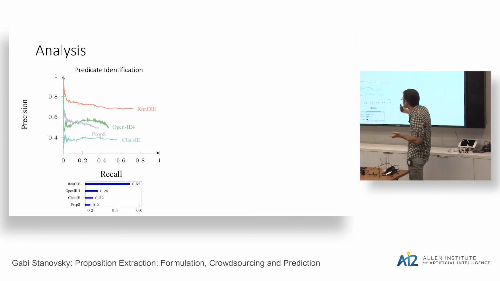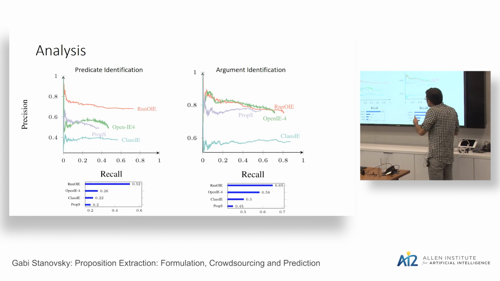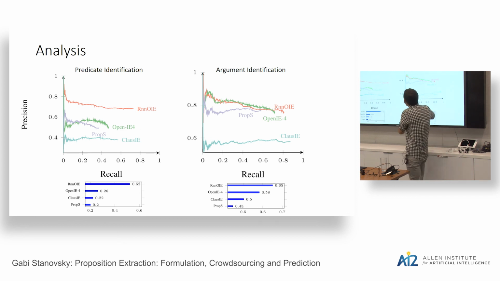And here I think we can see pretty clearly that RNN OIE is much better at identifying the predicates in the sentence than the other systems. The argument identification is where the noisy parts begin, even though, again, if we look at the area under the curve, we still do better. And on these sections of the precision recall curve, we also do better. So I think this is where we need to improve, as opposed to predicate identification.